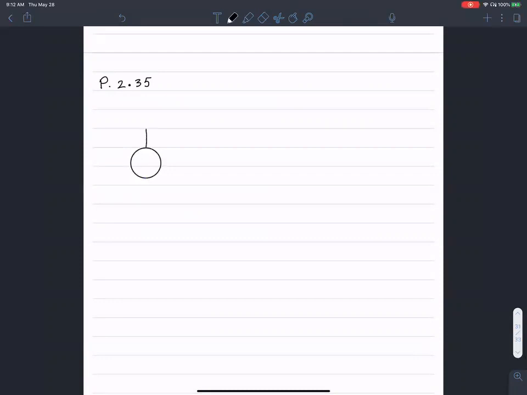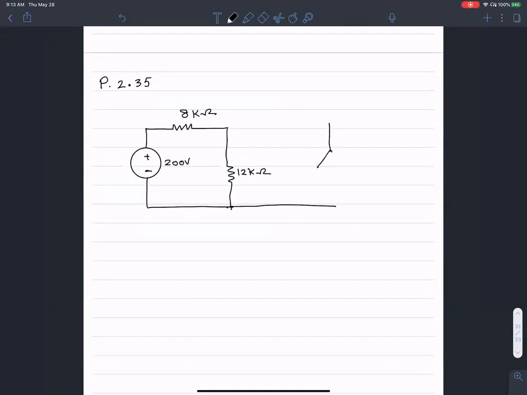Okay. Problem 2.35 has one dependent source. There's a 12 kilo ohm resistance in here, and an 8 kilo ohm resistance in here, plus minus 200 volts. There's a dependent current source here, which is V delta over 200.